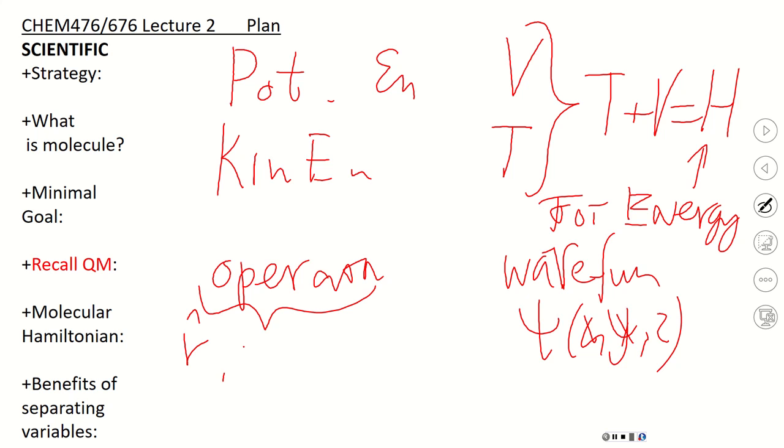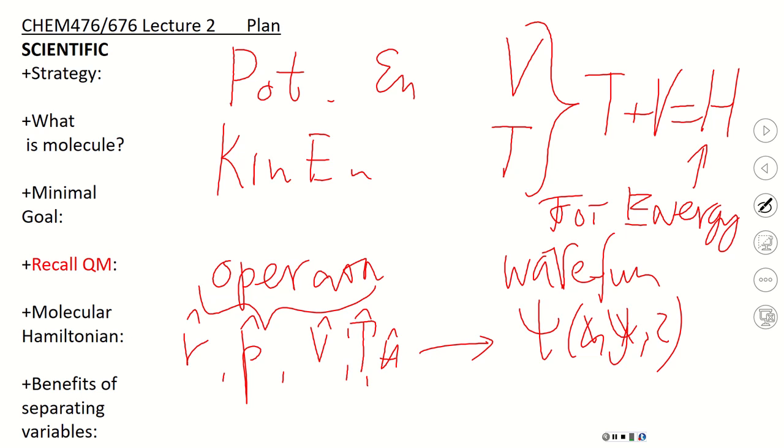So, position, momentum, potential energy, kinetic energy, Hamiltonian. All of them act on the wave function. And now the main part of the super simplified quantum theory.